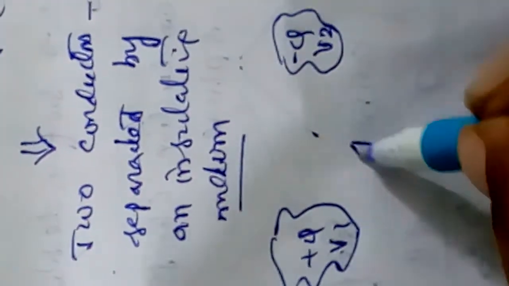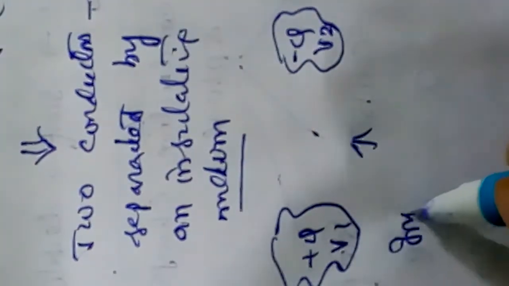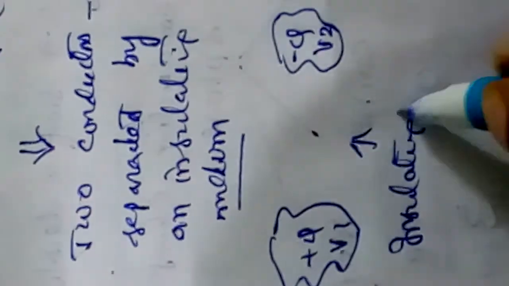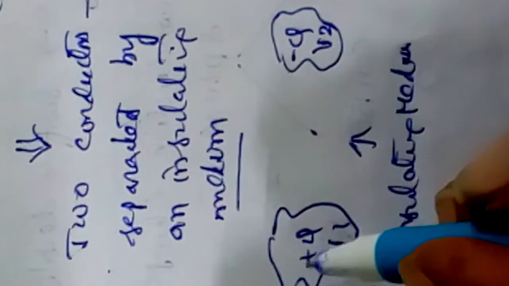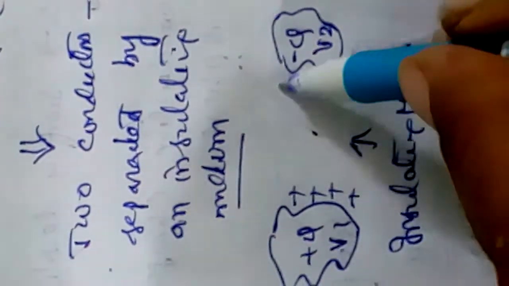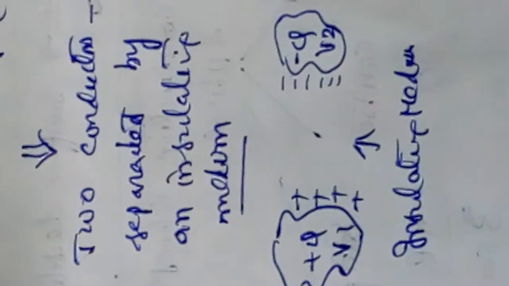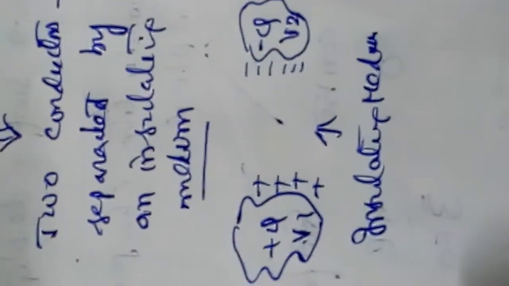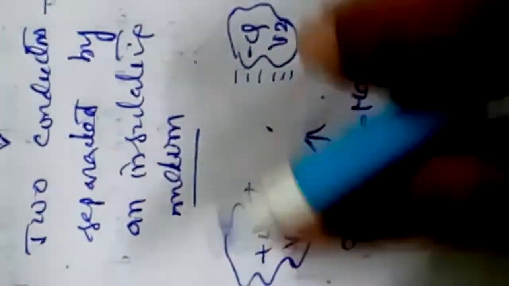Now here, in between, in the distance of separation, I have an insulating medium. Now naturally the positive charge is accumulated here and the negative charge is accumulated here. This is how you can see the geometric approach of a capacitor.